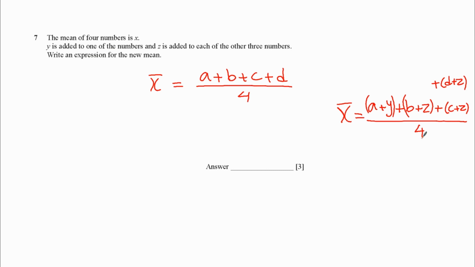If I simplify this, because this is brackets and all of them are plus, I can just take A, B, C, D separately. So in here, I can say that x bar equals A plus B plus C plus D plus y plus 3z, if I am adding these z plus z plus z, 3z, divided by 4.